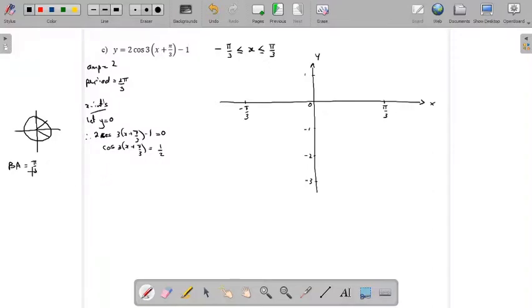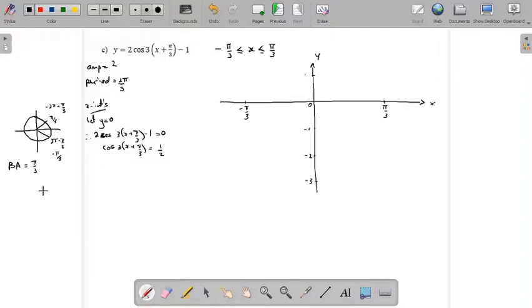Which means that we've got our solutions here at pi on 3 and 2 pi minus pi on 3. And because we're actually going in the negative direction as well, we're going to have solutions in the negative direction, so that's negative pi on 3, and this would be negative 2 pi plus pi on 3.